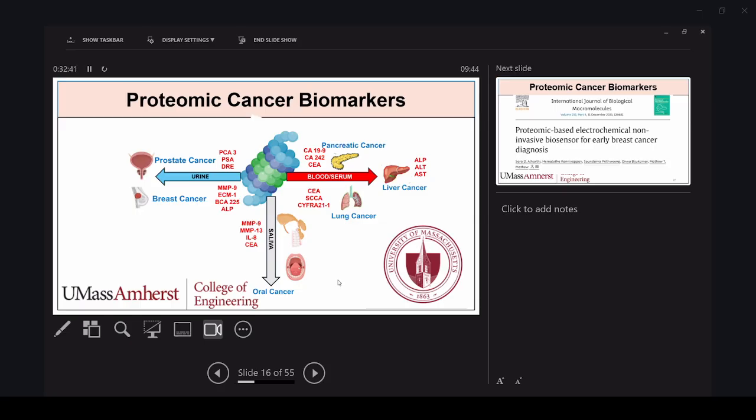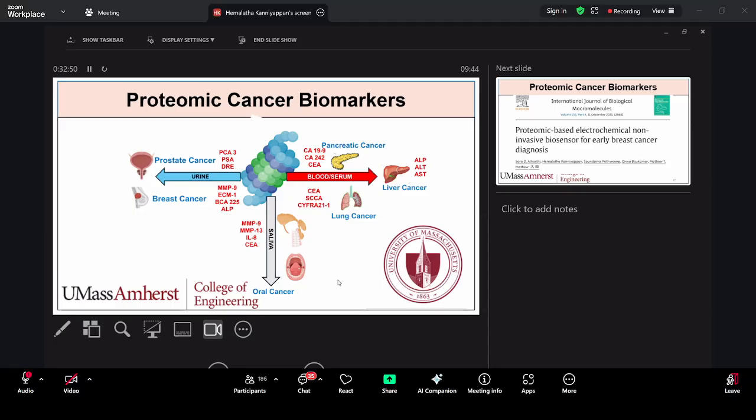Even nowadays, conventional blood tests use proteomic biomarkers in diagnosis. In prostate cancer and pancreatic cancer, CA99, CA25 are proteins or enzymes present at abnormal levels when there is a chance of cancer, right?